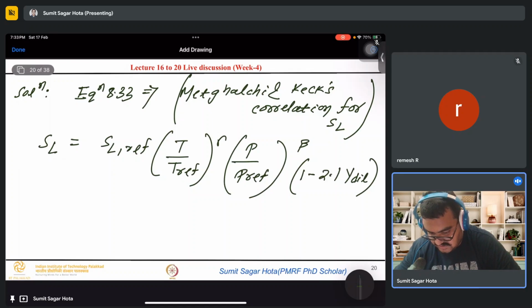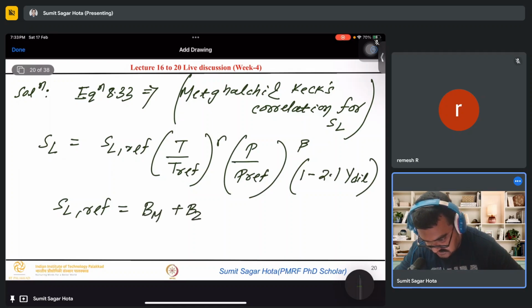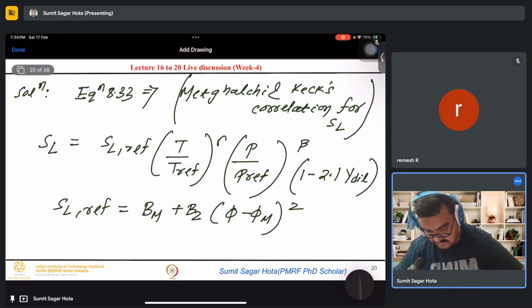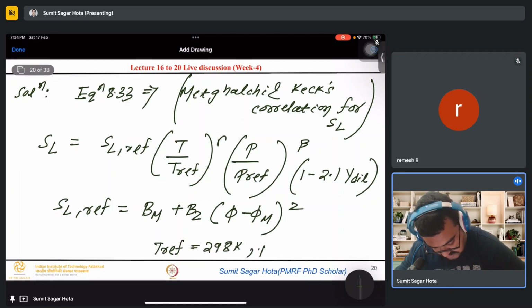And one more: what is the formula for SL,ref? These formulas I am writing are very important. You should remember all of them. SL,ref equals Bm plus B2 (phi minus phi m) whole squared. Obviously T,ref is equal to 298 Kelvin, and P,ref we are assuming as 1 atmosphere.